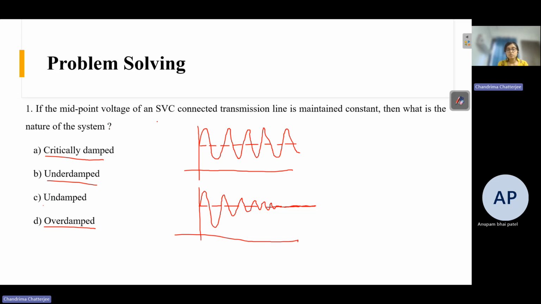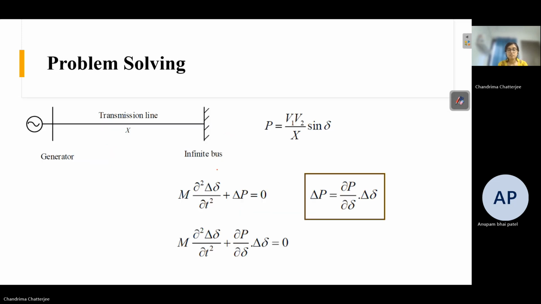So we have to determine what is the nature of the system if we maintain the midpoint voltage constant where the SVC is connected. Now I will just explain how we can get to the answer. We will start from this system where no SVC is connected.